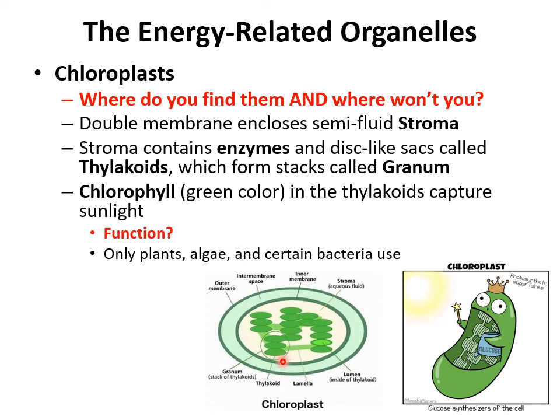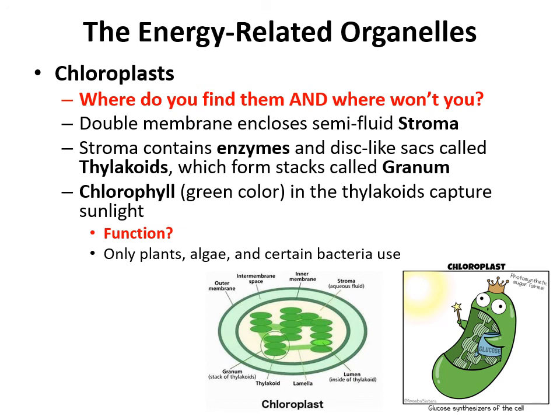So when you see these little structures here that look kind of like a Mento, these little structures are thylakoids stacked on top of each other. And those thylakoids have chlorophyll, which helps capture sunlight. And that's critical in things like plants, algae, and even certain bacteria that use photosynthesis.